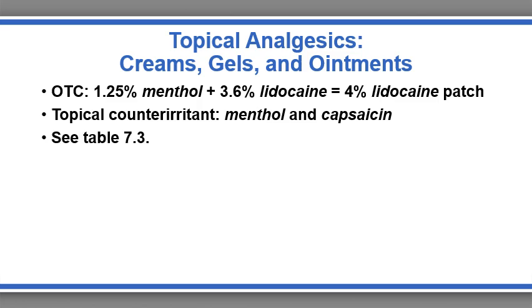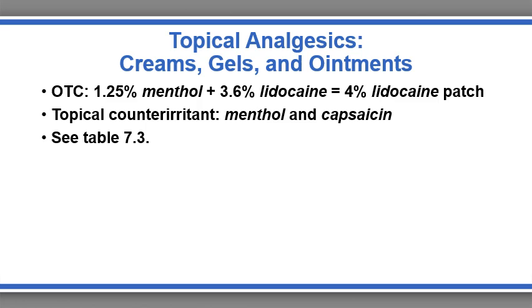Table 7.3 actually has a lot of the transdermal and topical analgesic clinical applications that are available over the counter. And these are ones that we're all pretty familiar with: Salonpas, Aspercreme, Icy Hot, Flexall. These are not all the same thing. They don't all have the same mechanism.